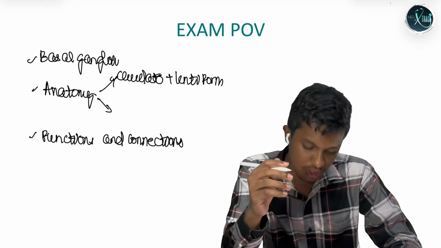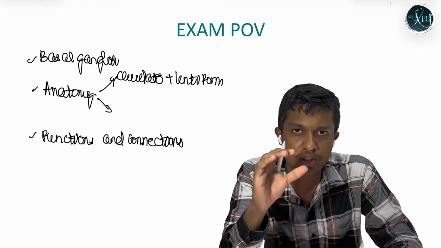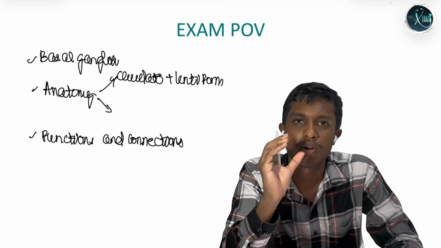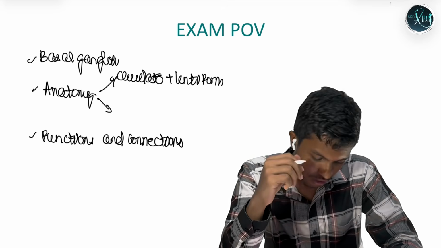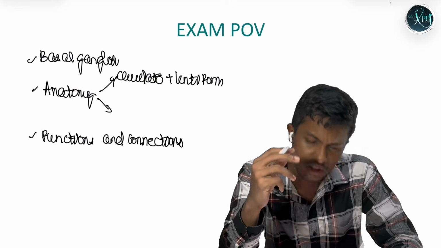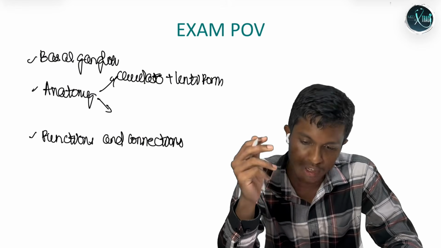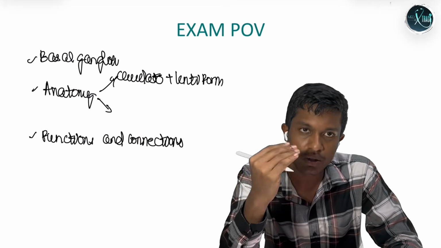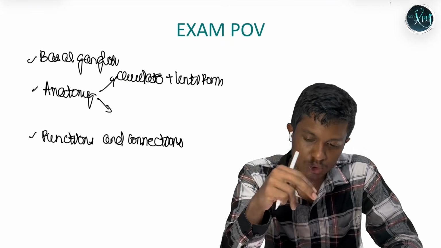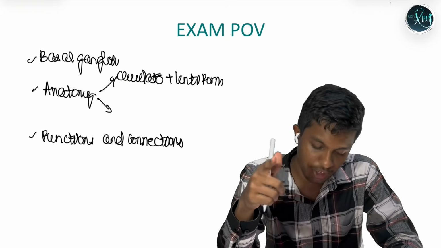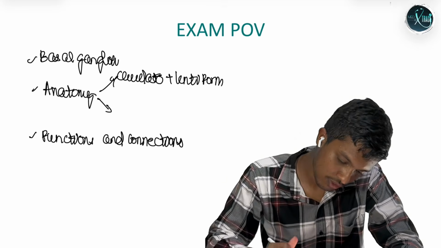Functions are usually motor tone and motor coordination. And connections include the direct pathway, the indirect pathway, and its association with the substantia nigra as well as with the globus pallidus internus that is associated with pedunculopontine fibers.